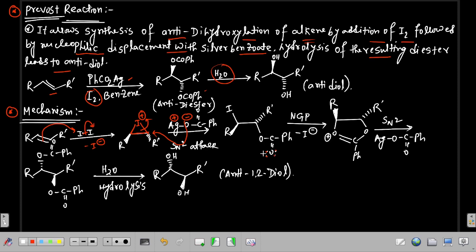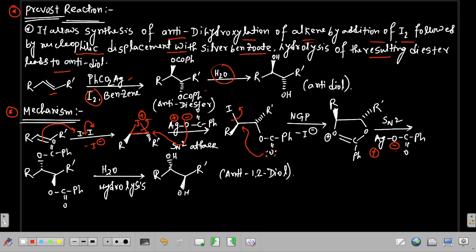Oxygen has lone pairs. This lone pair will attack this carbon, and it leads to the removal of the iodide. So it will form this five-membered species. And here again another equivalent of silver benzoate. Here silver benzoate is present as silver plus and benzoate ion minus.